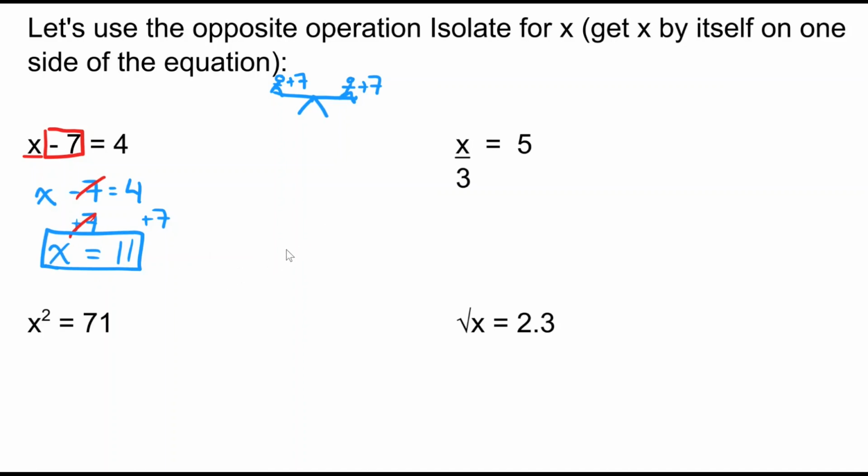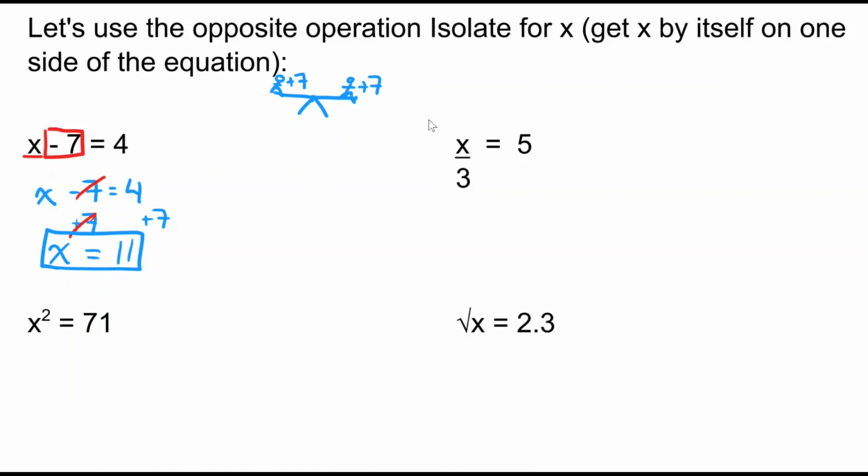So an opposite operation can be used to cancel out something that's being done to a variable. Over on the right-hand side here, we've got x being divided by 3. Well, what's the opposite operation of dividing by 3? Multiplying by 3.